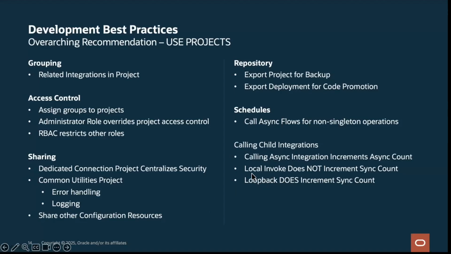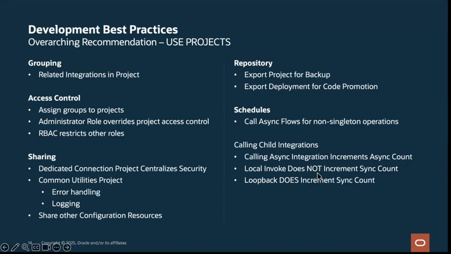If you call an async integration, that will increment the async count. If you've reached your limit, we will queue it up, and we'll still send you a response saying we've accepted it. It will just take a little bit longer before it starts executing.